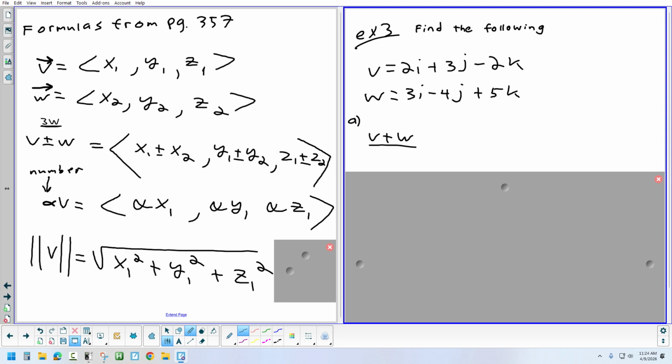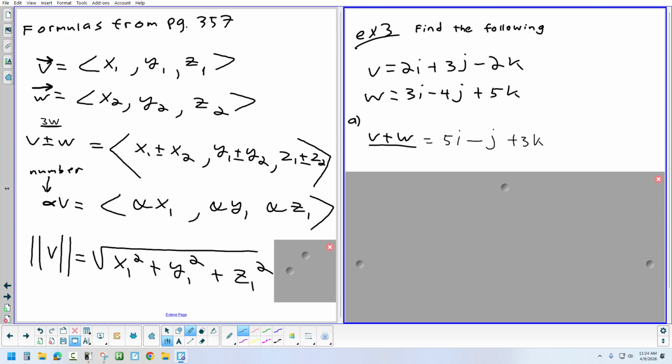What's going to be the number in front of i when we add those 2 vectors up? Yep. 5. So we got 5i. How about for j, our y-axis component? Yep. Negative j. And for k, what are we going to get for that one? Yep. 3k.